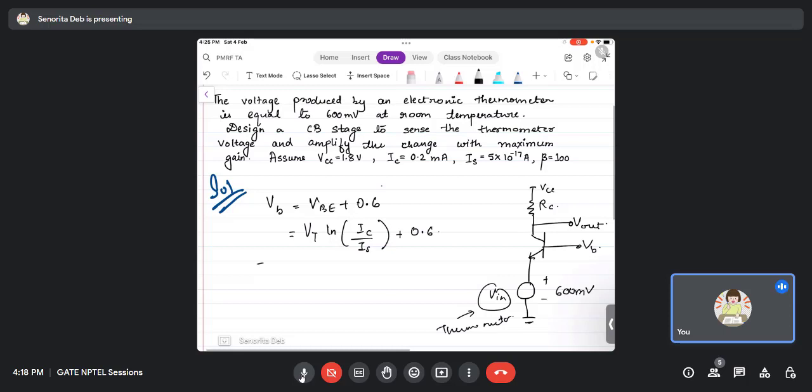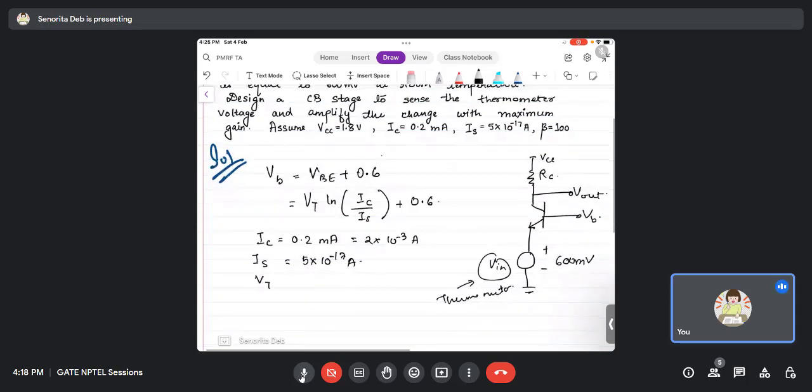You are given IC 0.2 milliampere, so 2 into 10 to the power minus 3 is wrong, IC is 0.2 milliampere, and IS is 5 into 10 to the power minus 17, right? So please put in the values. So VT you take it as 26 millivolts only, or 0.026 volts. So please see what VB you are getting.